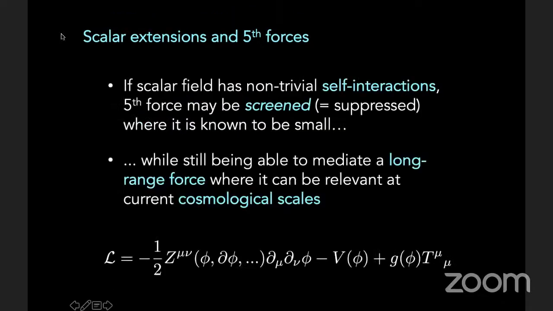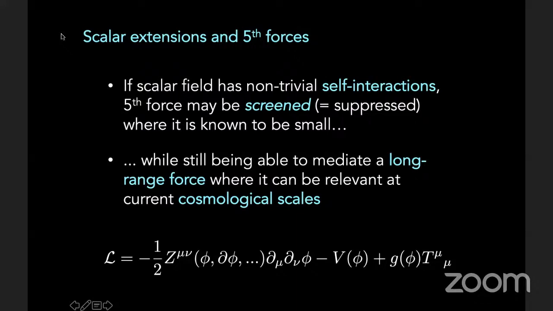In fact, it turns out that if your scalar field has non-trivial self-interactions, then your fifth force may display an interesting behavior. It may display screening, which means that your fifth force becomes dependent on the environment, and in some regimes, it can be suppressed.